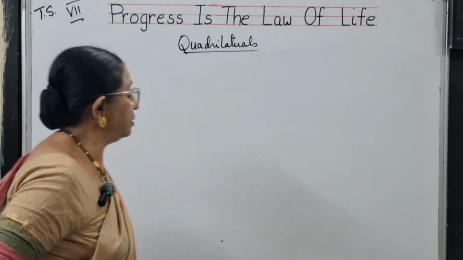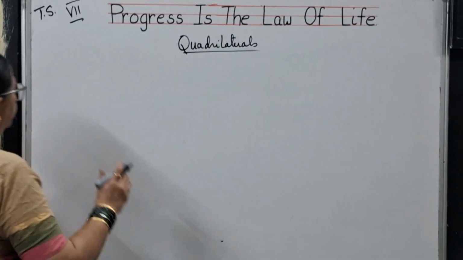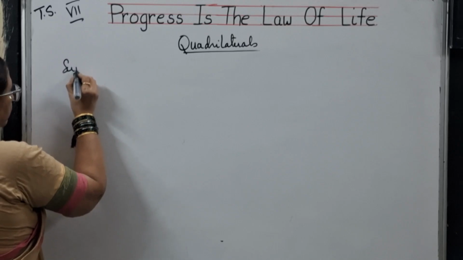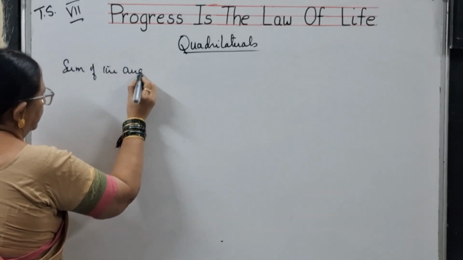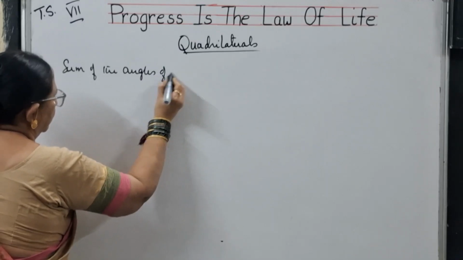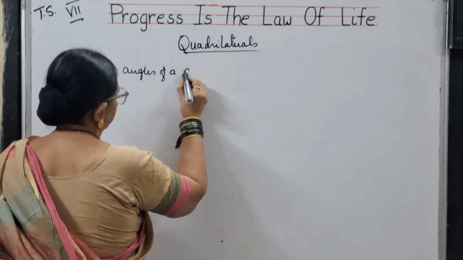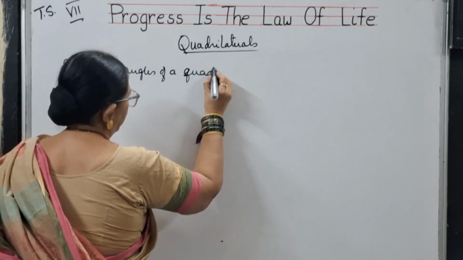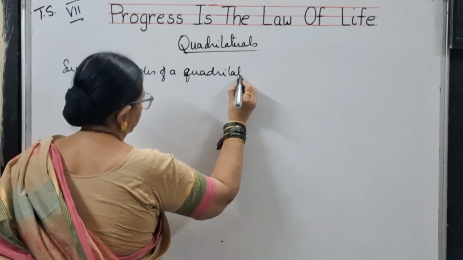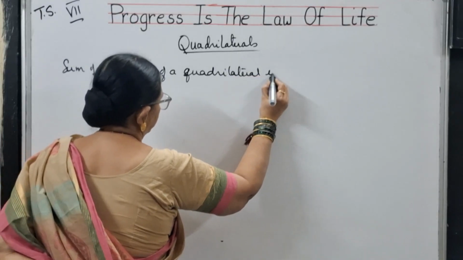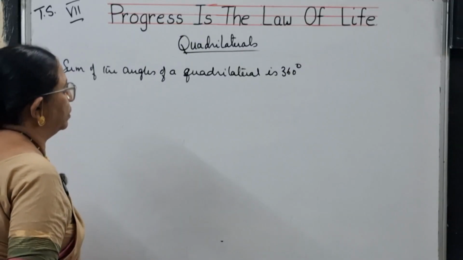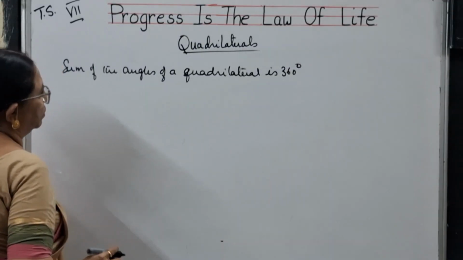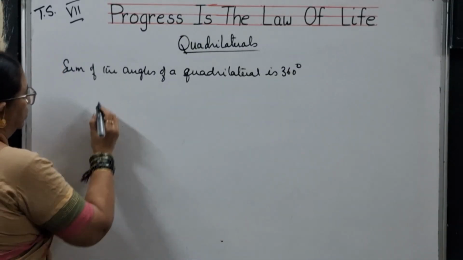Now the next part is, children, we need to prove that the sum of the angles of a quadrilateral is 360 degrees. This you have to prove. Sum of the angles of a quadrilateral is 360 degrees.